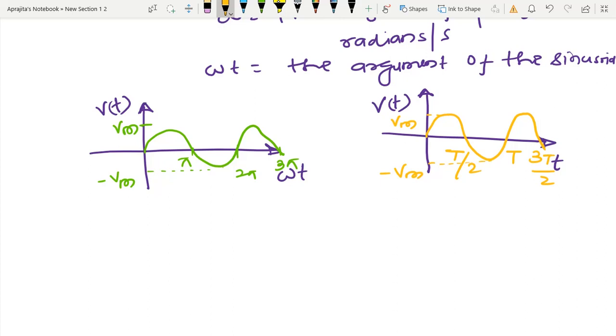You can see that kind of repetition, and during school time also we have learned about this. Thus T is called the period of the sinusoid.